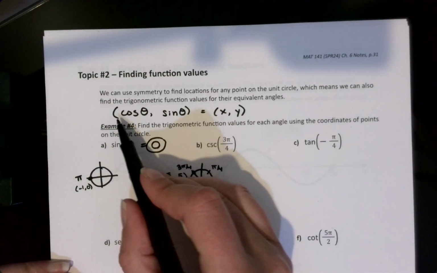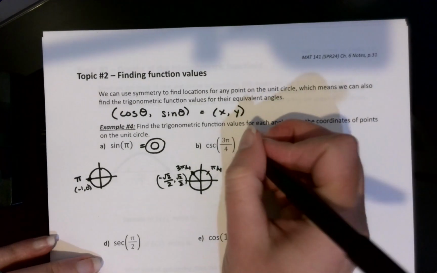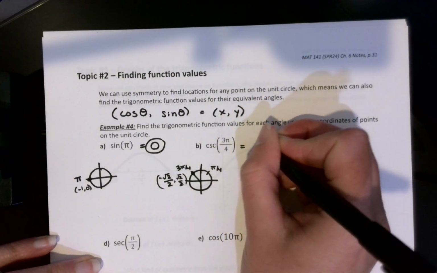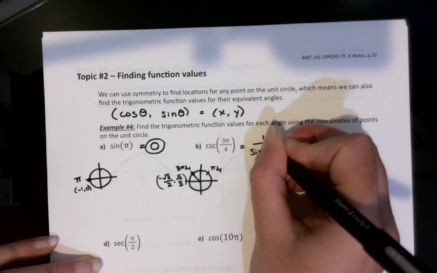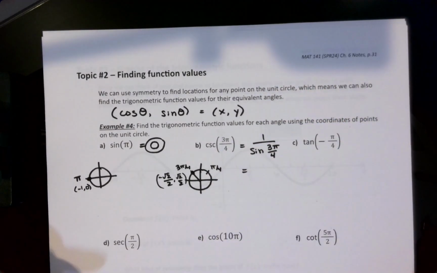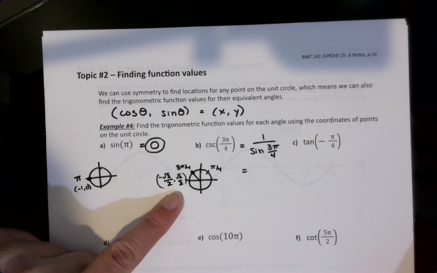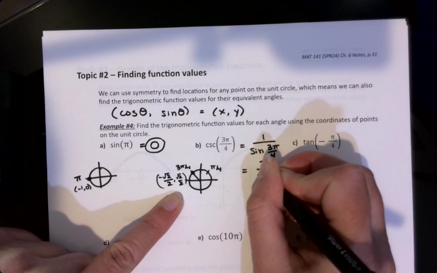Now, I don't want the sine or the cosine value. I want the cosecant value. So I'm going to note that this is the reciprocal of the sine value. The sine value here is positive root 2 over 2. So the cosecant value is going to be 2 over root 2.